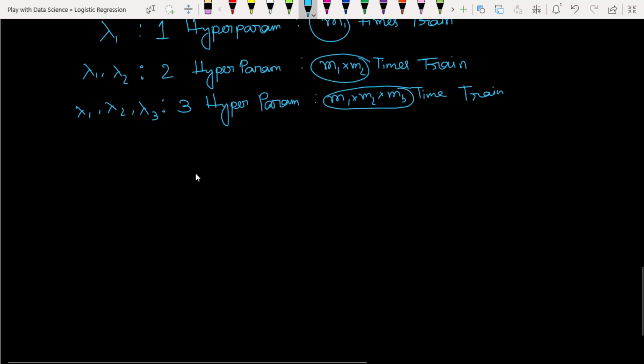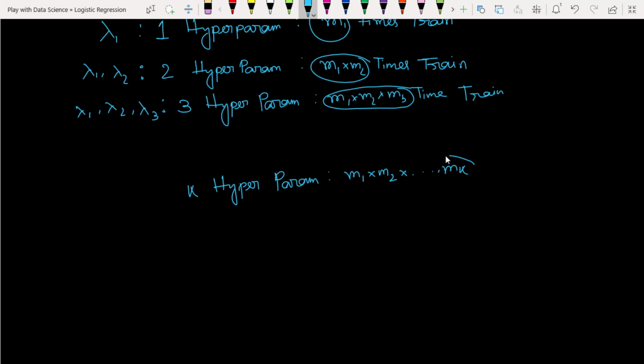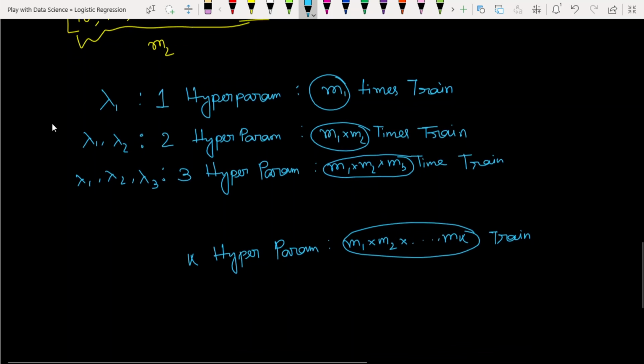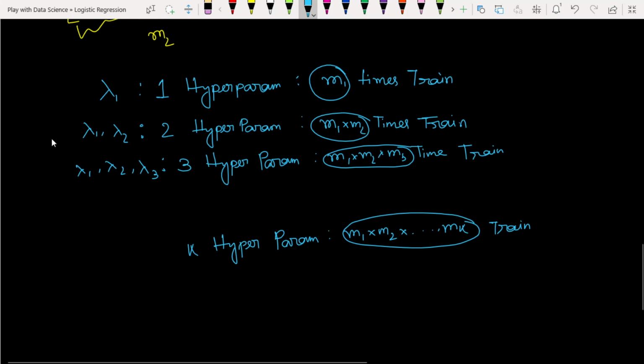Similarly, if you have k hyperparameters, how many times? We will take m to the power k number of times to train our model, if we consider each hyperparameter divided into an equal number of points.